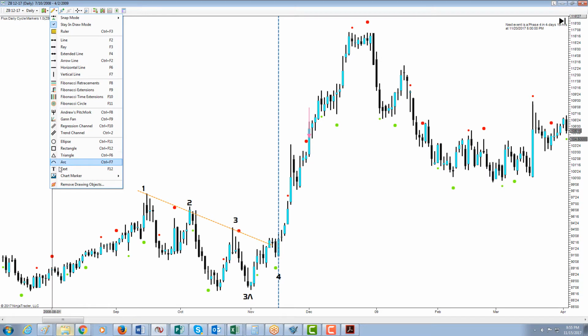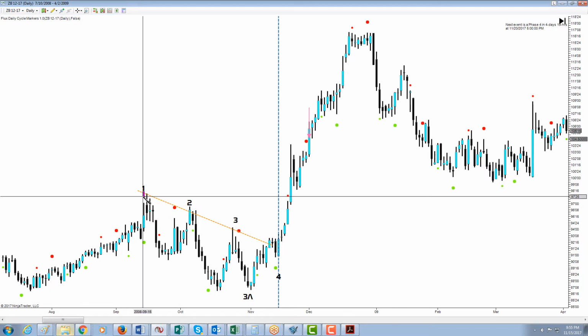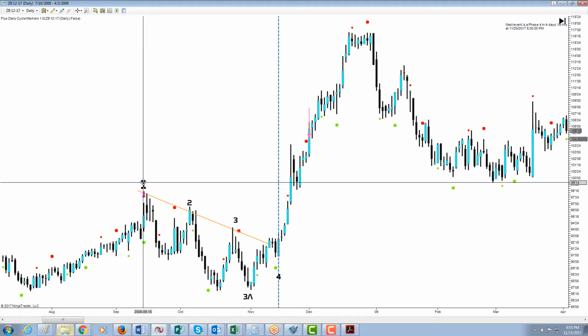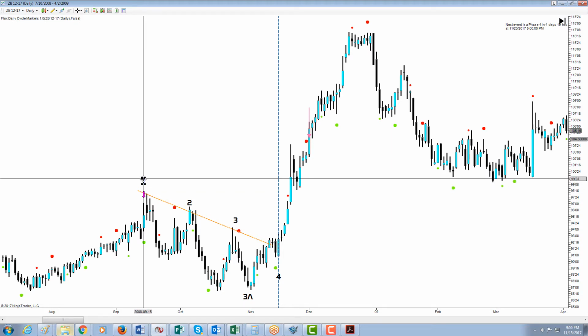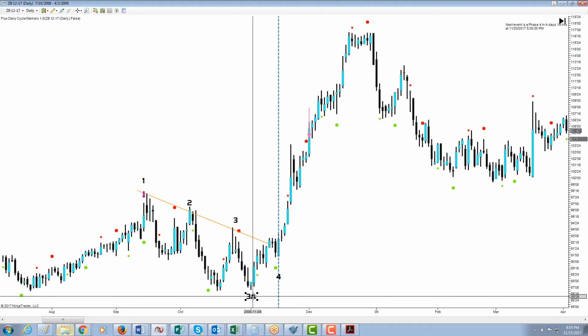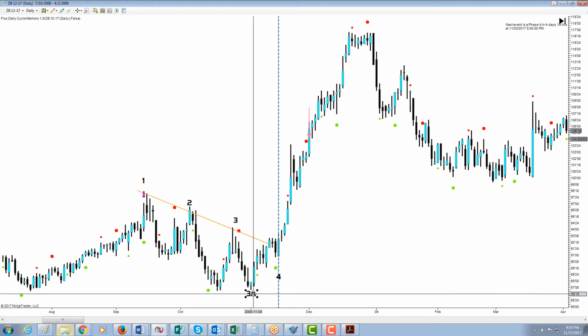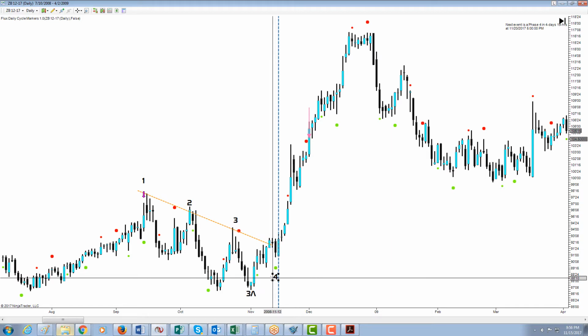We have a green dot starting it off in the upper left corner of our pattern. Okay, that's where we had number 1 before. And this is back in September of 2008. Okay, remember how the pattern then proceeded? There were 3 waves down into a bottom that we called 3A, where there was a phase 1 little green dot. And then there was a phase 2 where I had the number 4.